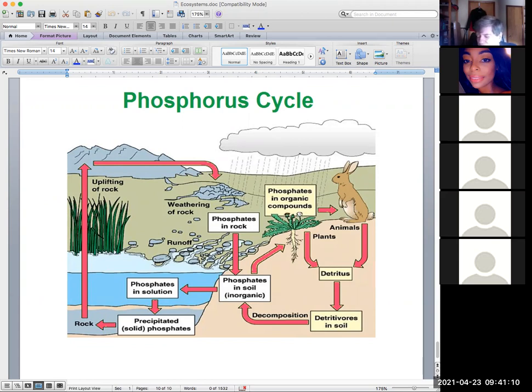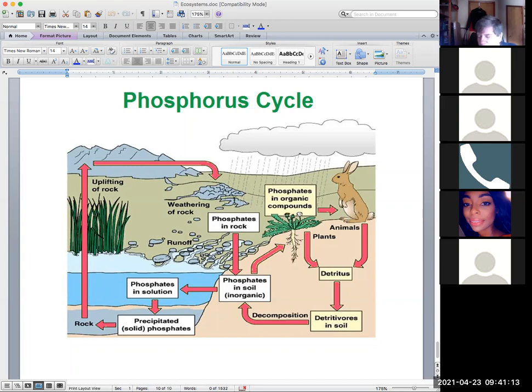And because it has a charge, what we find in nature is that things that have positive or negative charges rarely exist by themselves, because that makes them very reactive. So phosphates react with a lot of positive ions. And when they react with positive ions, most of the phosphate compounds are not soluble in water. And since they're not soluble in water, this means that they precipitate. They form solid compounds. Basically, the compounds they form are different rocks and minerals.